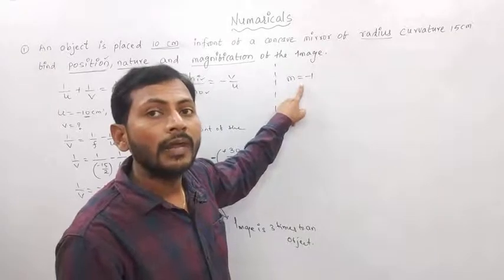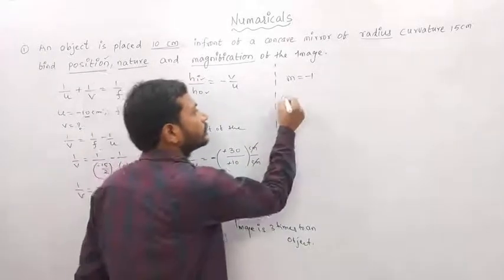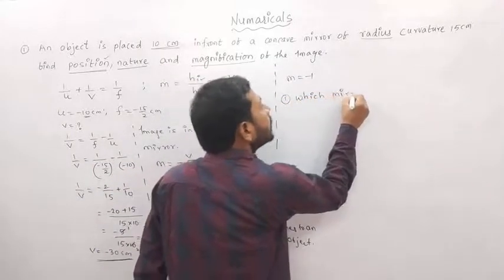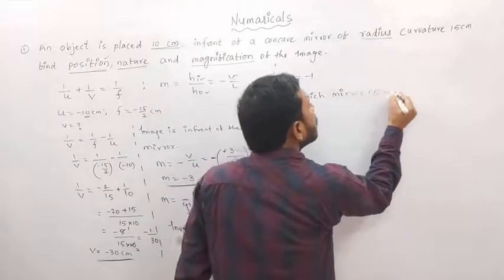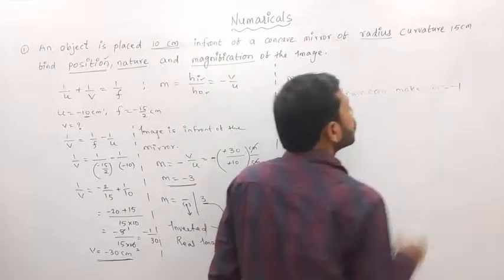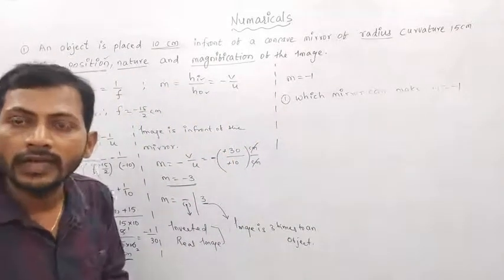Which mirror can make magnification equal to minus 1? Can you write the answer?